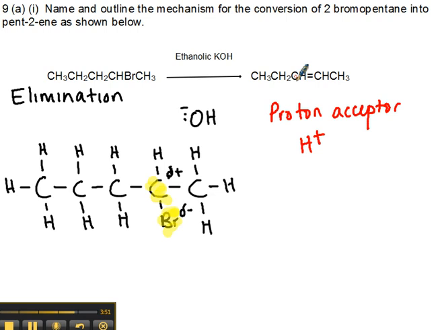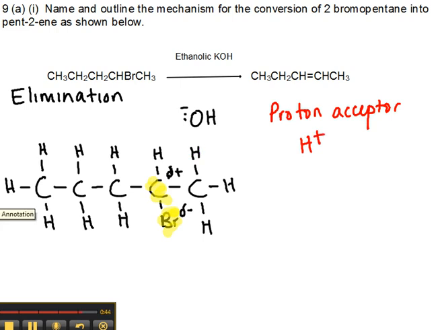We can react this hydroxide group in two ways or two places. In theory, we could react our hydroxide with this hydrogen over here. However, that's not going to form the double bond where we would like it.